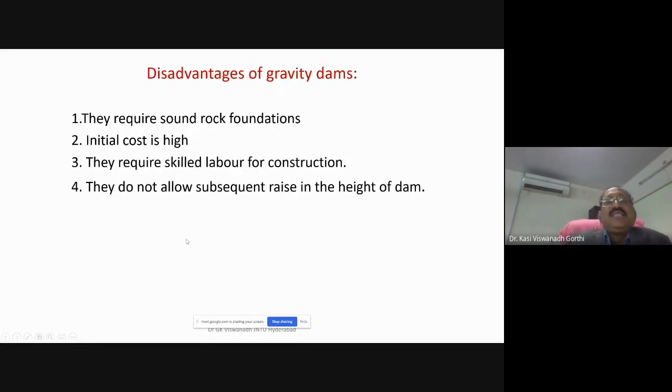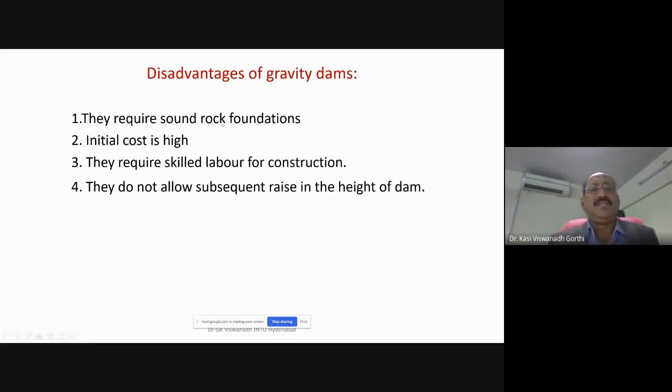The disadvantages of the gravity dam: they have to be constructed on a good foundation. So a sound rock foundation is required. A huge weight you are trying to place. If the foundation is not good, there may be differential settlements at the foundation. If there are differential settlements, failure of the dam takes place.